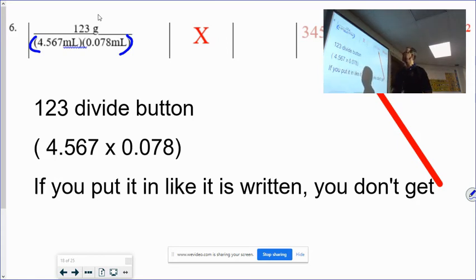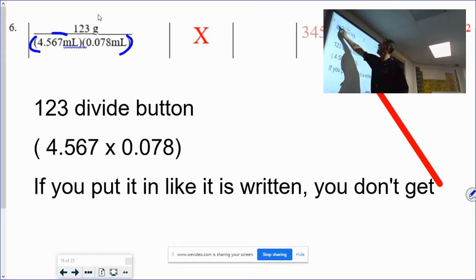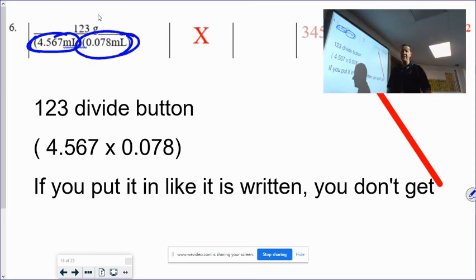Now, Mr. Brosnan does, in fact, like to do it a little bit differently. He'll take the 123, divide by this number, and then you'll hit divide again, and that is perfectly fine as well. It's all about how you wish to do the problem. We look at sig figs in this problem. So we got 3 sig figs in that top number.